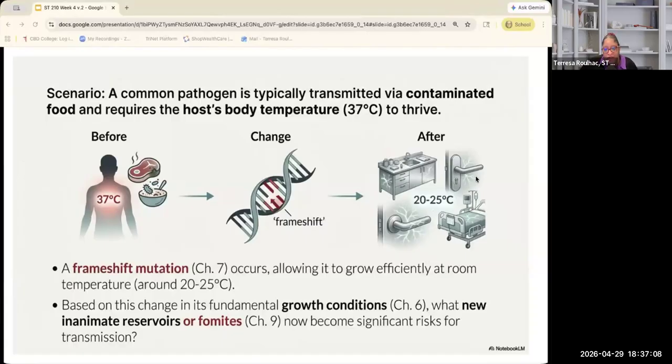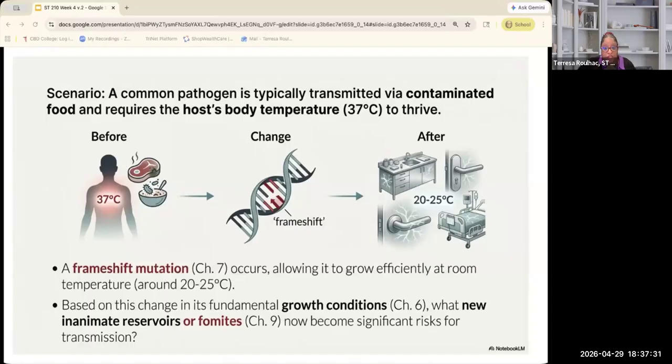Now look at the right side over here. We've moved from host-dependent growth to environmental persistence, and that completely changes transmission risk. When growth conditions change, reservoirs change.